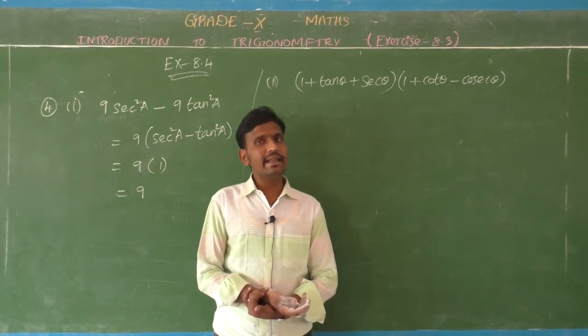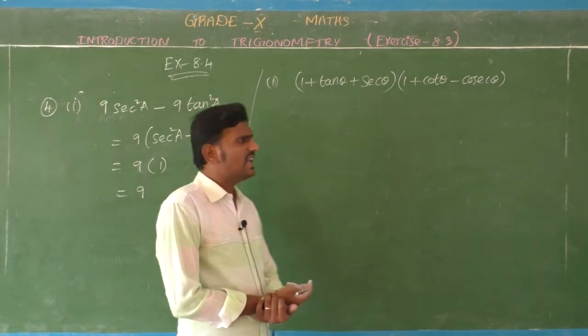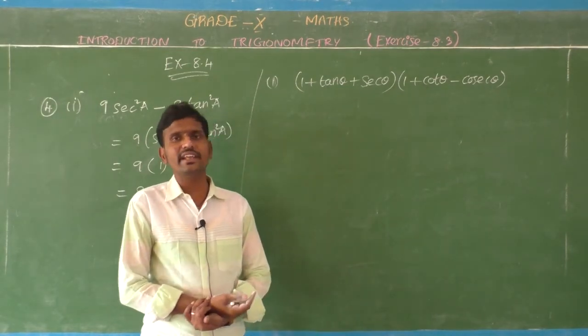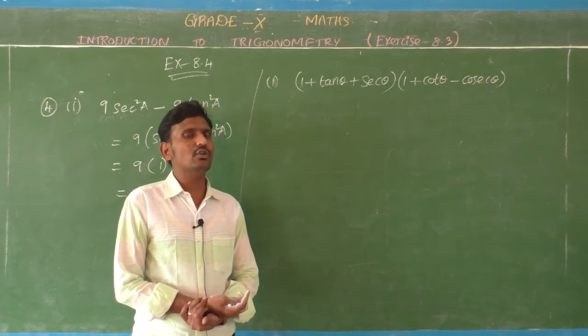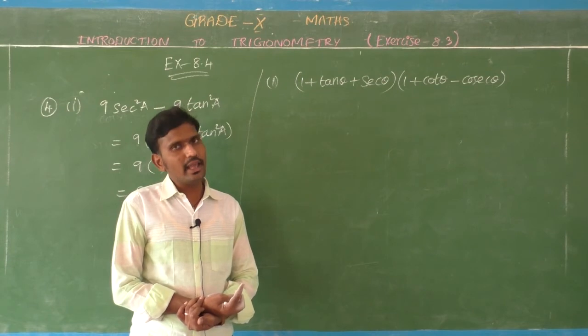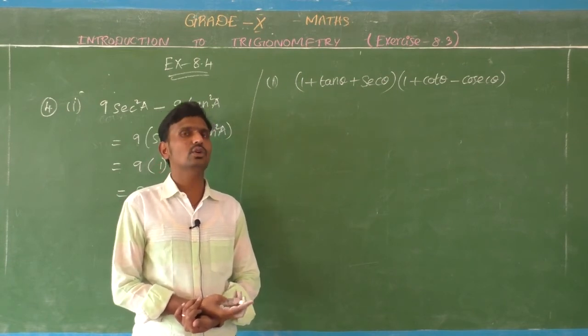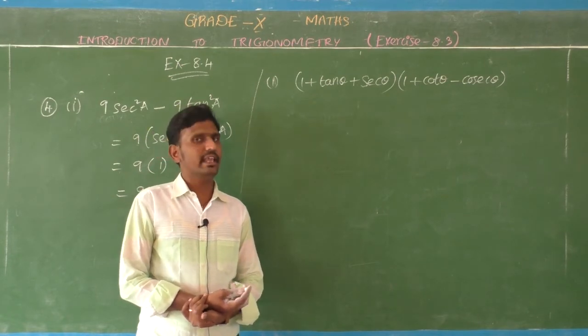Then tan and cot are also reciprocal to each other. Then tan A is the ratio of sin and cos, that is tan A equal to sin A by cos A. Then cot A is the ratio of cos and sin, so cot A equals cos A by sin A.